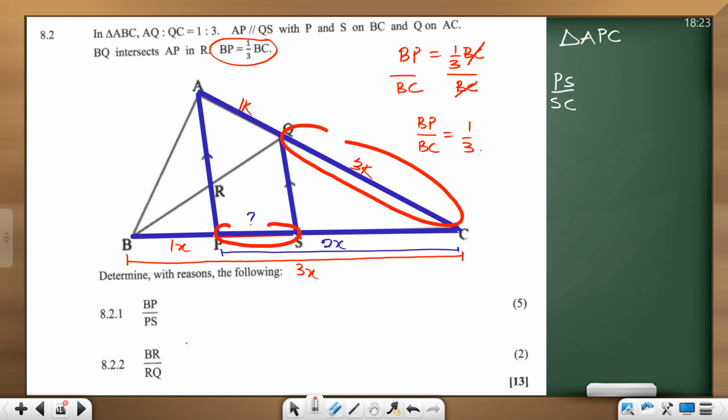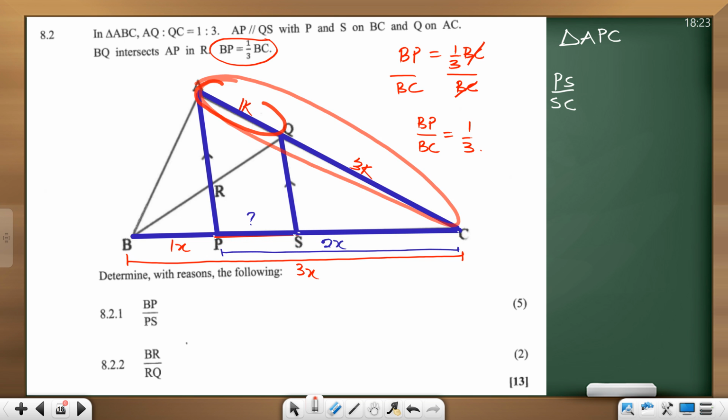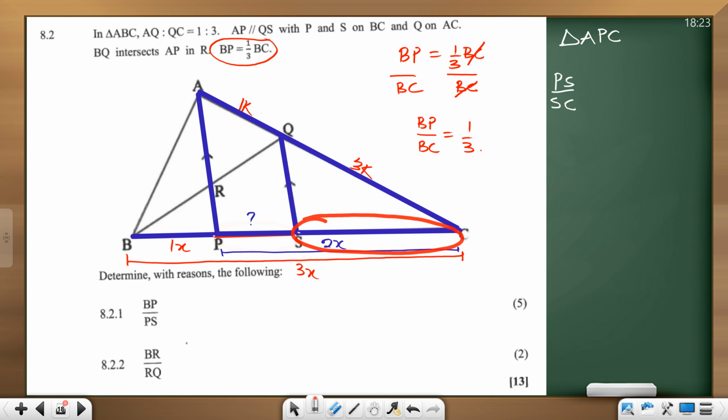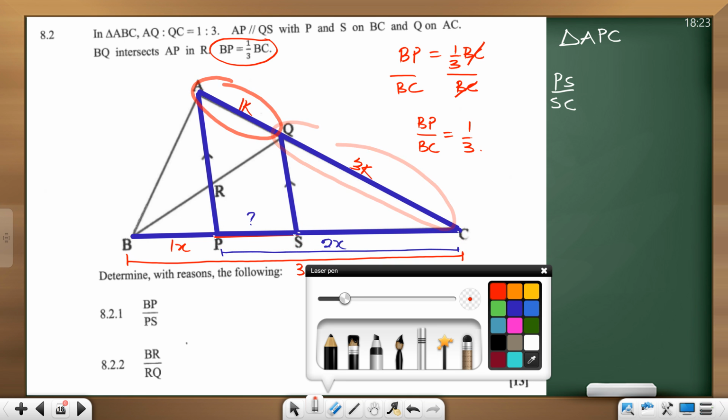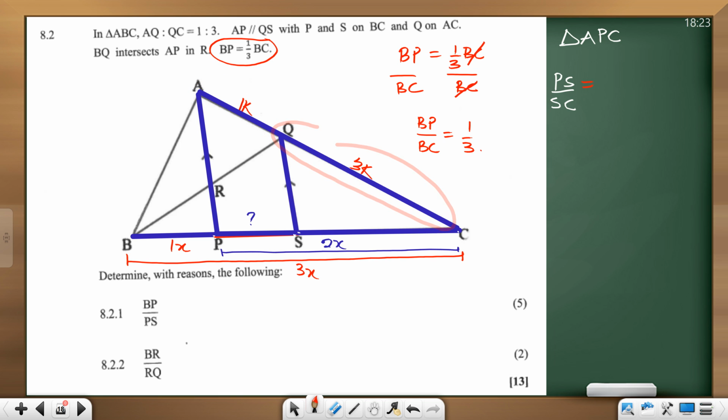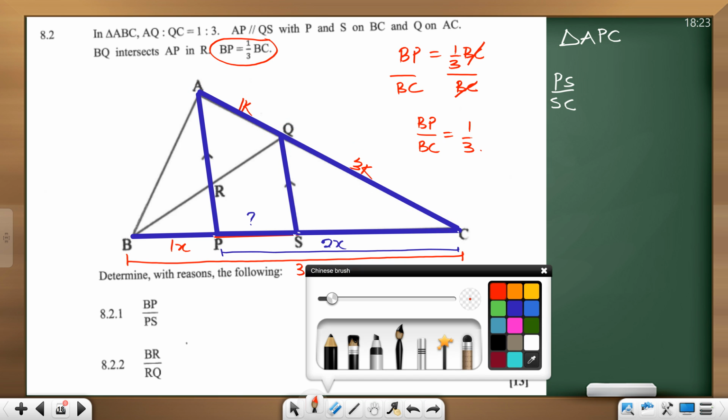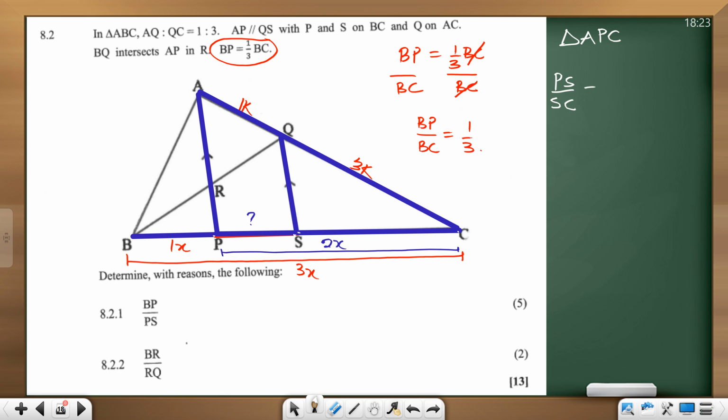If I say PS over PC, repeat the same pattern: AQ over AC. Just repeat the same pattern and see where it leads you. So this time I'm saying PS over SC should be equal to AQ over QC.